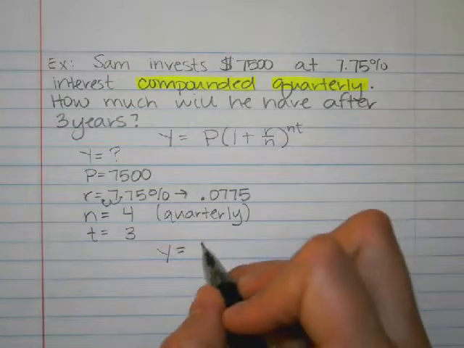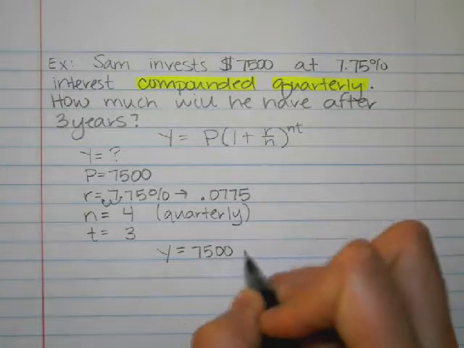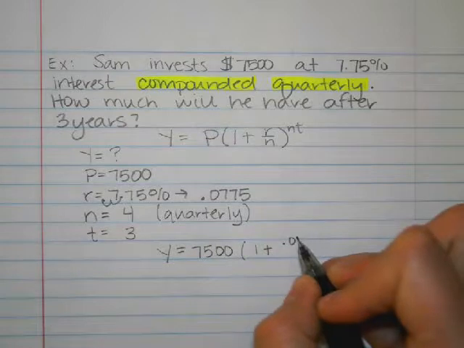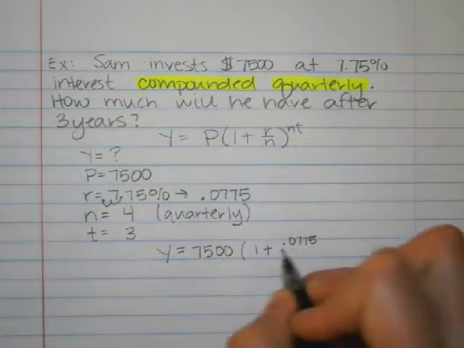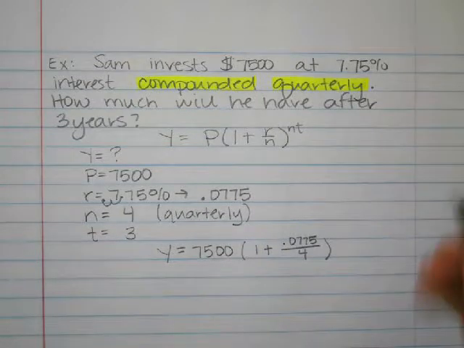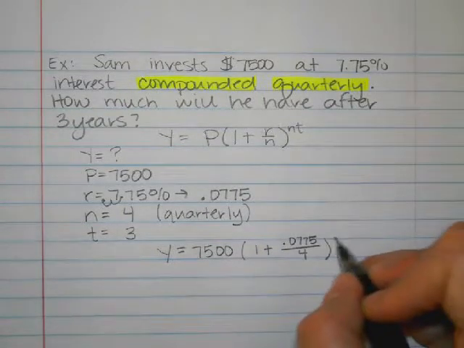Okay. So we can go ahead and write all that information out. We've got 7,500 times 1 plus 0.0775 divided by 4, and then n times t would be 4 times 3.